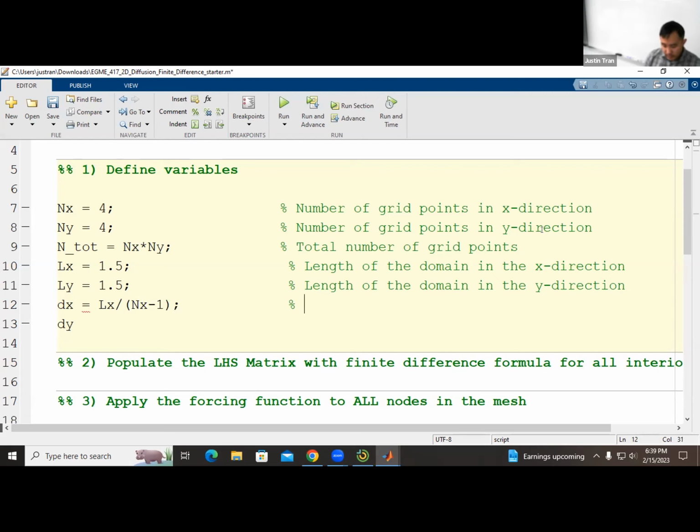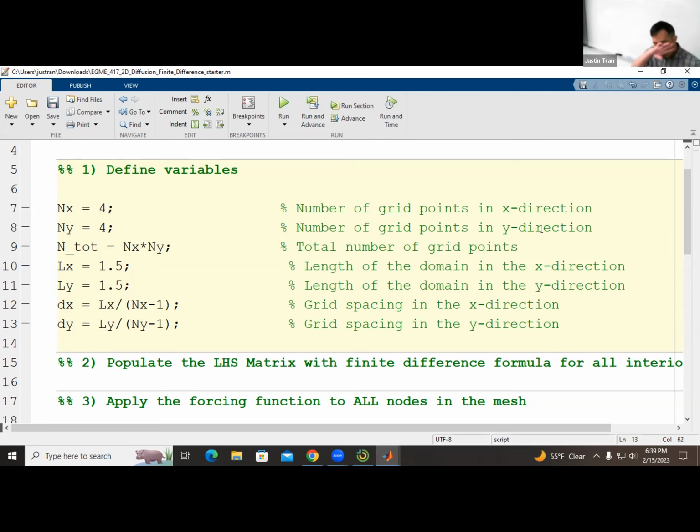Let's go ahead and label this: this is the grid spacing in the x direction. And dy here is Ly divided by ny minus 1. And so this is the grid spacing.